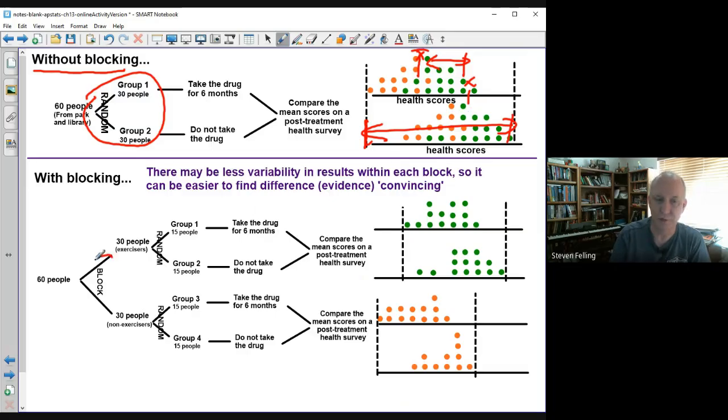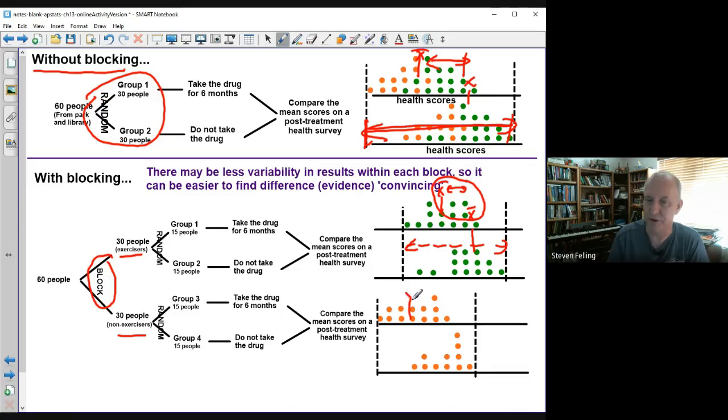But if you instead block and separate the exercisers from the non-exercisers, if you look at the exercisers and you conduct their experiment, you might get that same difference, but this time it's only being compared to the variation between people who exercise, which is smaller than this variation up here. So you're more likely to be able to say that that difference is statistically significant against the smaller variation than against the bigger non-blocked variation.